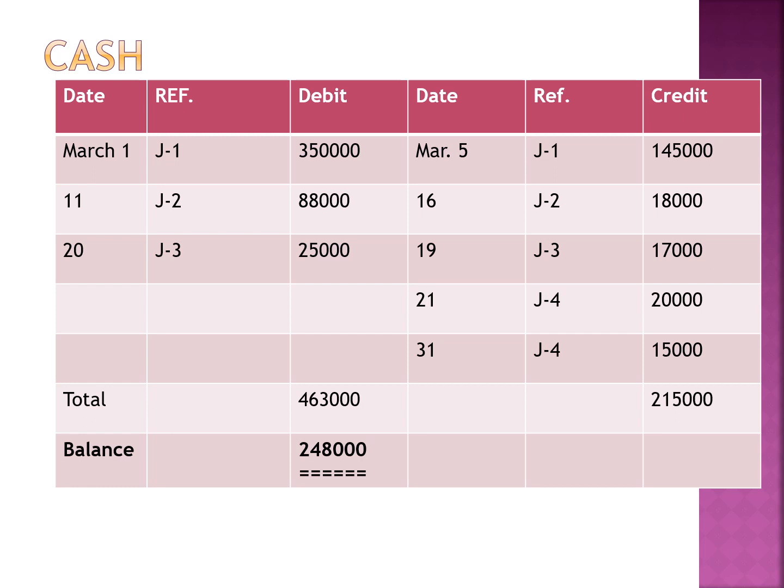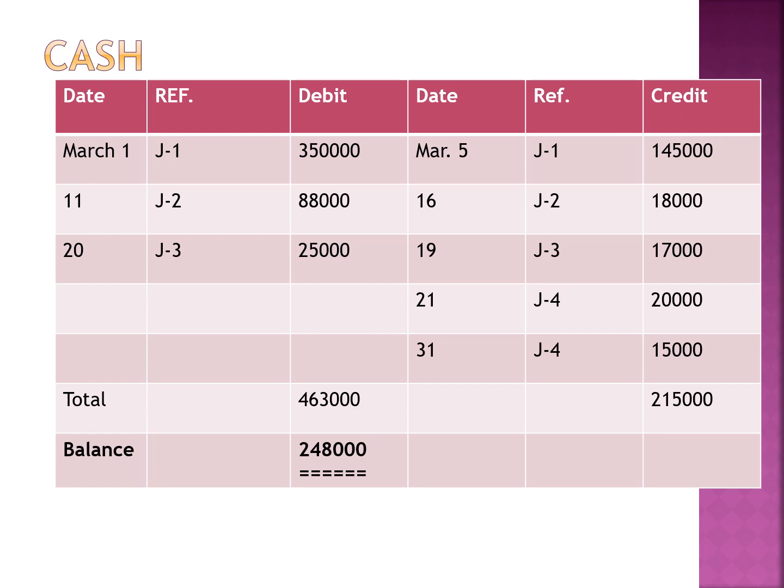After posting all entries for cash, we total the debits: 350,000 plus 88,000 plus 25,000 is equal to 463,000. We also total the credits: 145,000 plus 18,000 plus 17,000 plus 20,000 plus 15,000 is equal to 215,000.